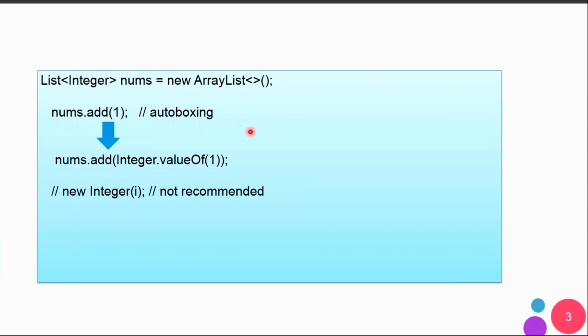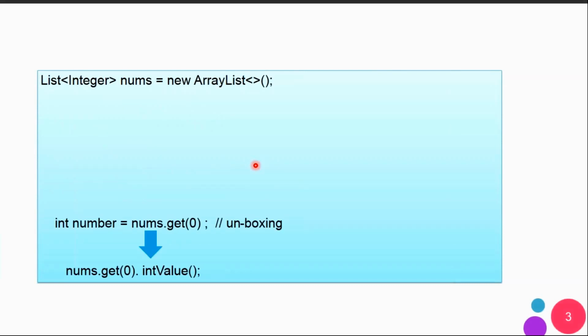Now coming to the unboxing example. What is unboxing here? I would like to take the same example: I have an ArrayList and I have stored one object inside it, and I would like to retrieve that object back from the ArrayList. In the previous example I stored a single object, so I'm getting the same object by its index. I have written numbers.get(0).